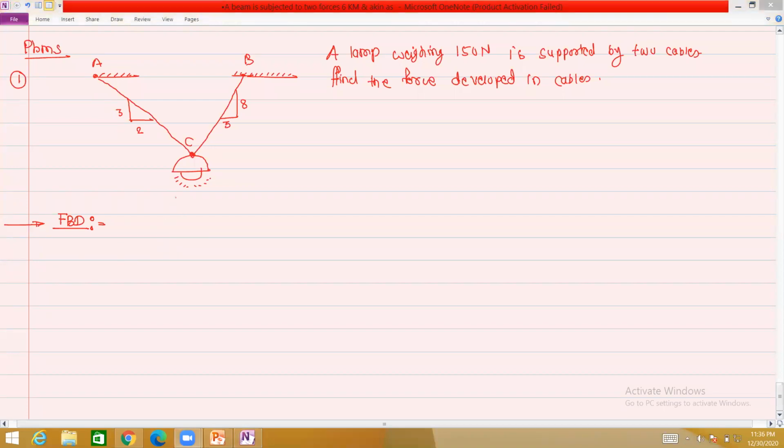For the free body diagram, just isolate this lamp, and instead of the cables BC and AC, draw the force vectors. So this is the tension BC. This is tension AC.